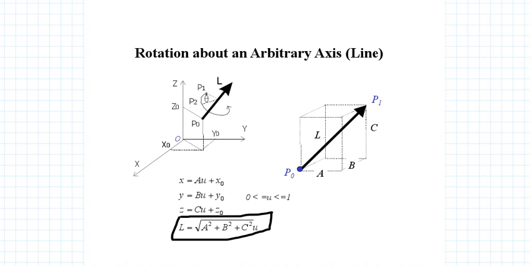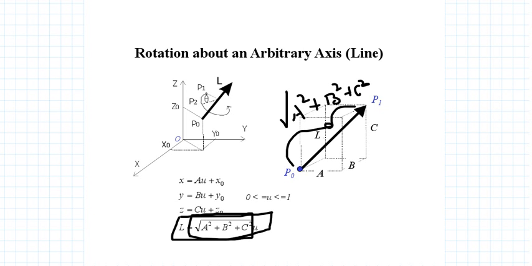Root under a square plus b square plus c square times u. In other words, you can say that this length from P0 to P1 is defined by this value. This is simple geometric phenomena. If you give it some thought, you can understand it. So this distance is basically root over a square plus b square plus c square.